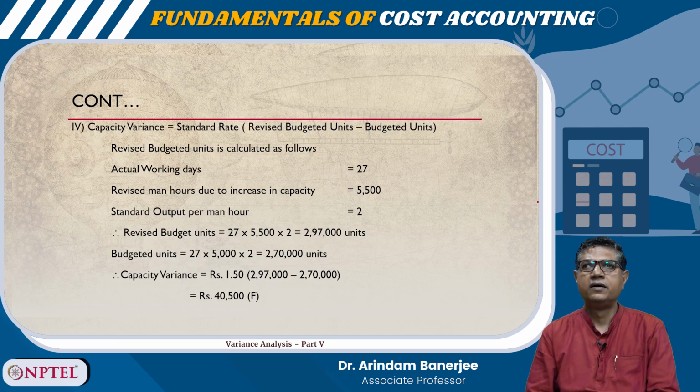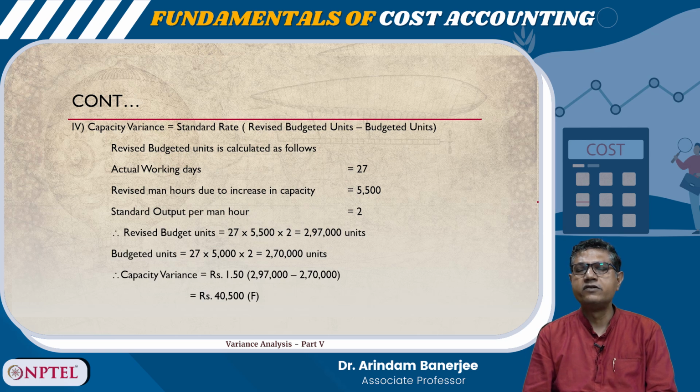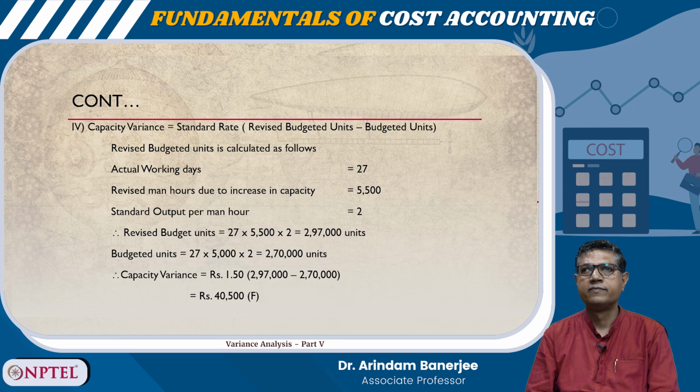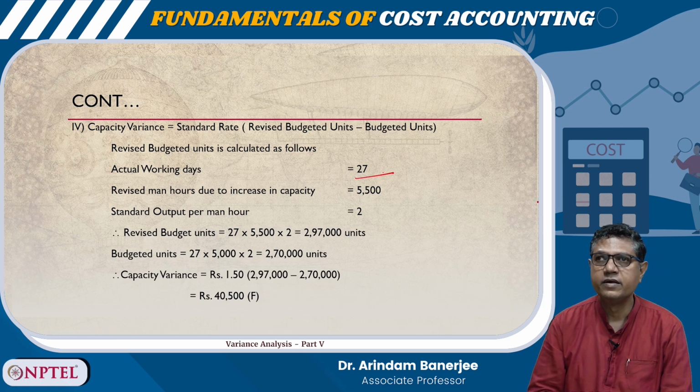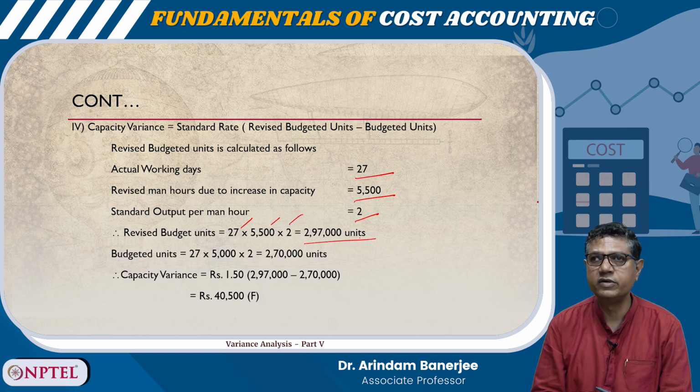Okay. Now, capacity variance, standard rate into revised budgeted units minus budgeted units. So, revised budgeted units are calculated as follows: actual working days 27, revised man hours due to increase in capacity 5500, standard output per man hour is 2, revised budget units is 27 into 5500 into 2, that is 2,97,000 units.